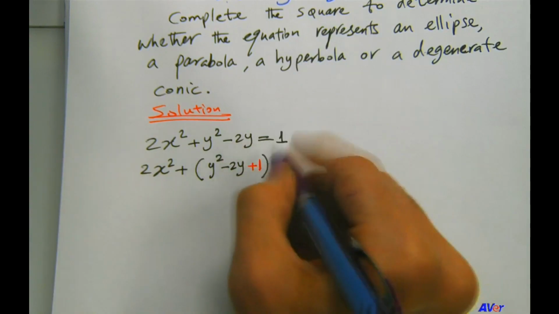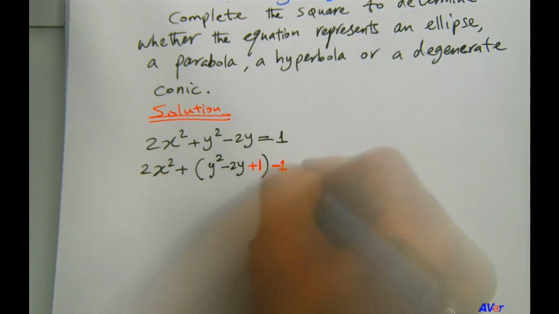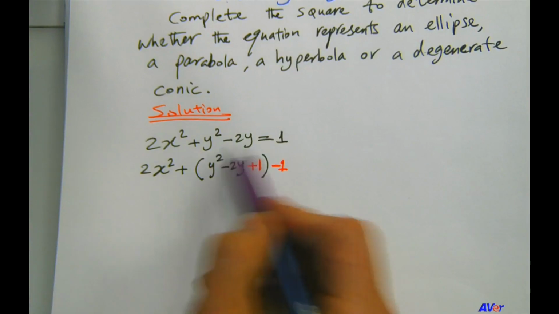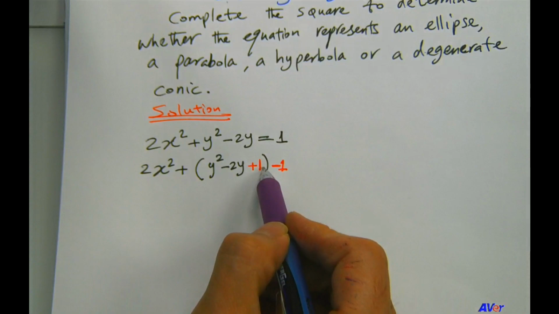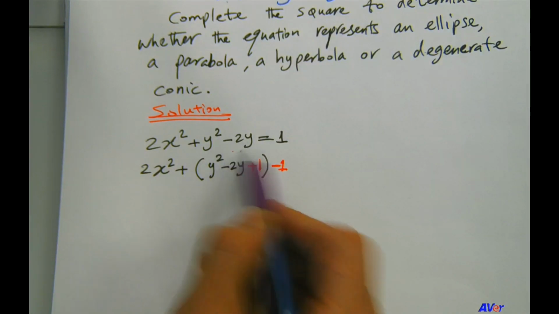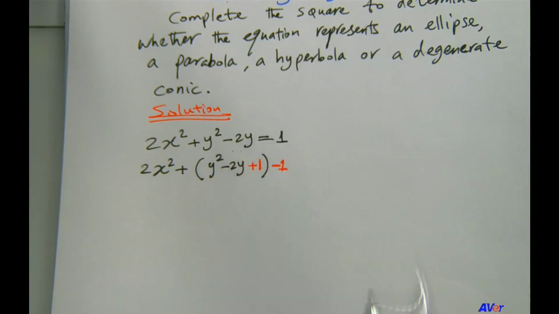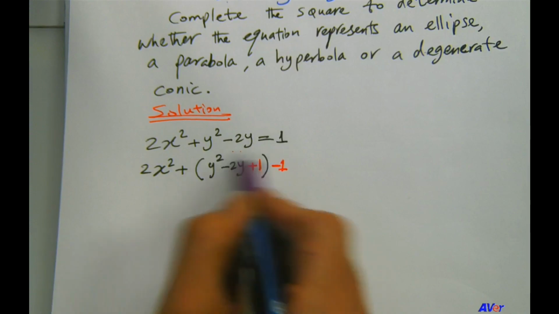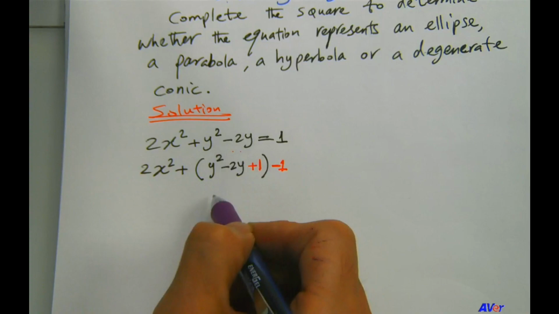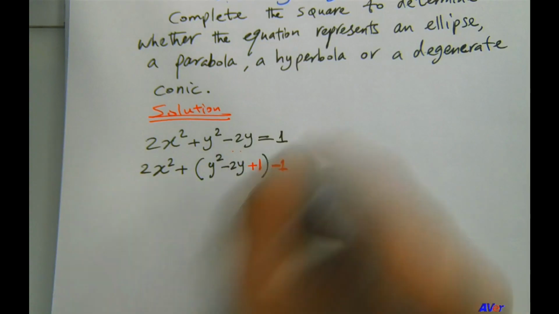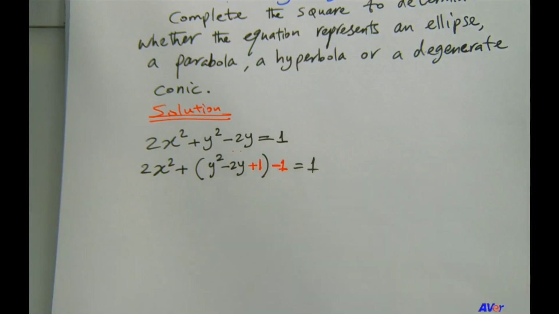But because of that, I have to subtract 1 here in order to balance that equation. So all I did here was basically add 1 and subtract 1. So what's the use of that? The use of that is that now I can write these two terms as part of a complete square. Okay? And equal to 1.